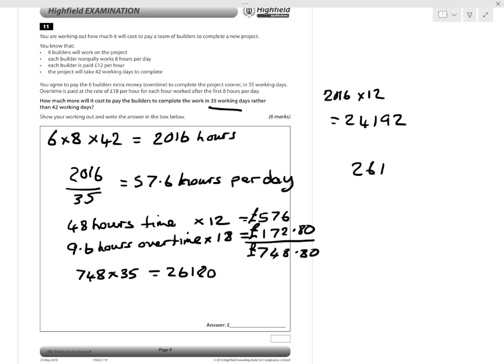26,180 minus 24,192. 26,208 minus 24,192.